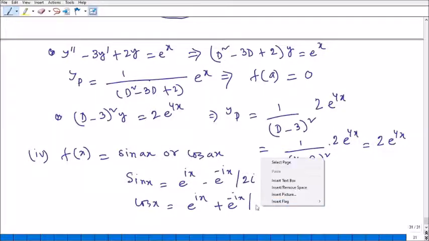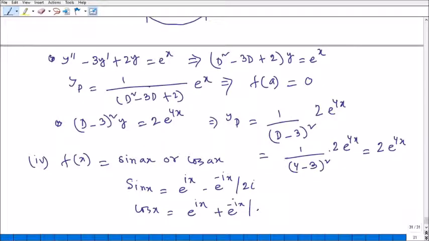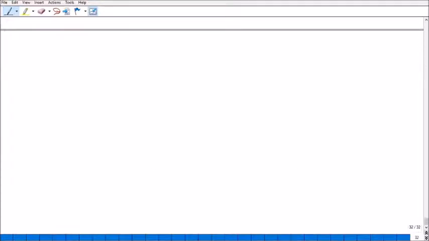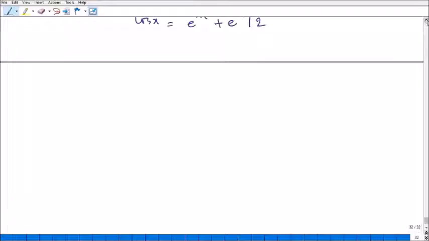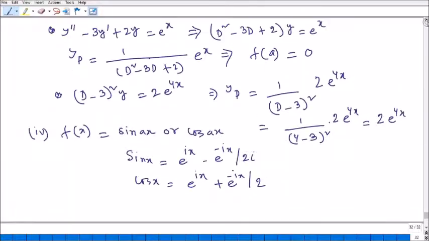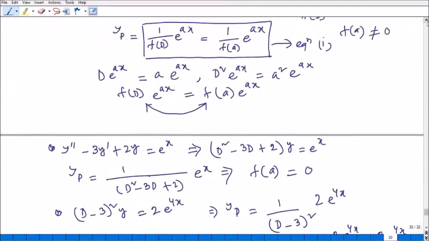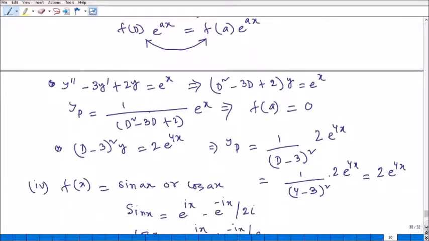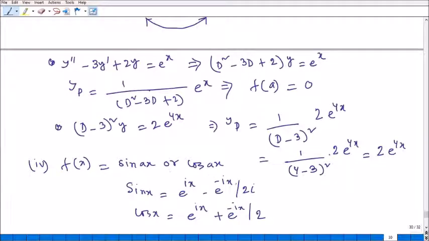So you can use formula 1 for this type of function, sine of ax or cos of ax, provided that you first convert it to the exponential form.